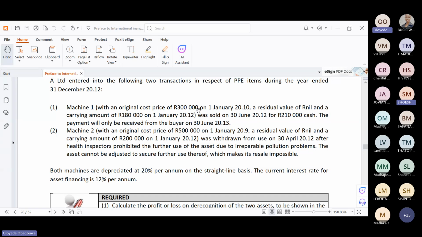When you talk of straight line method, you are talking of the cost less residual value, but there's no residual value now. They even give you the rate in percentage, not the useful life. They give you in percentage, but the question says it's a straight line basis. So you multiply 20% by 300,000, which is the cost.